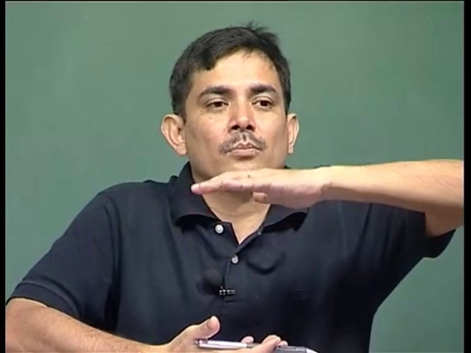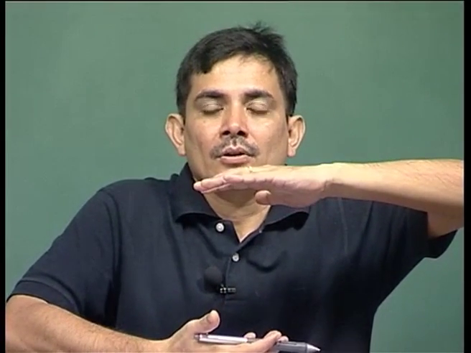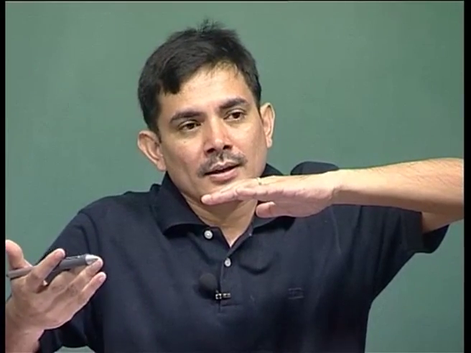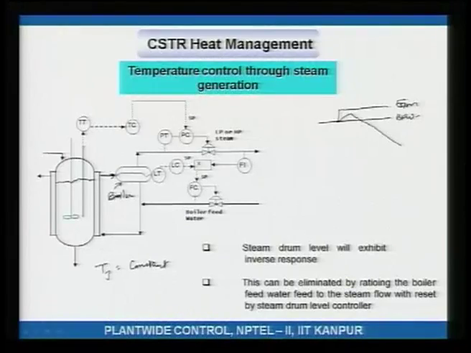That is like milk boiling. Of course, it goes up, but then you are removing more steam than you are putting in water. Therefore, after some time that level will keep on going down. But that initial transient will be there, where if you open the steam valve, the level initially will go up, and then after some time it will start to go down. So, this is called the inverse response.